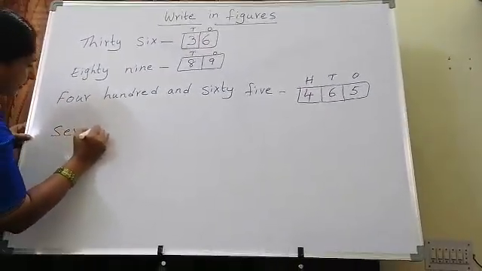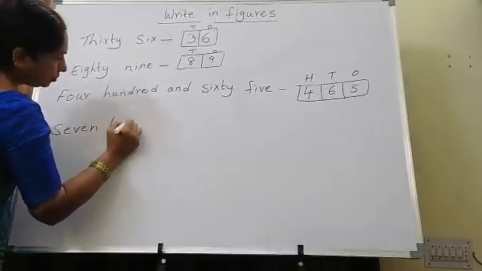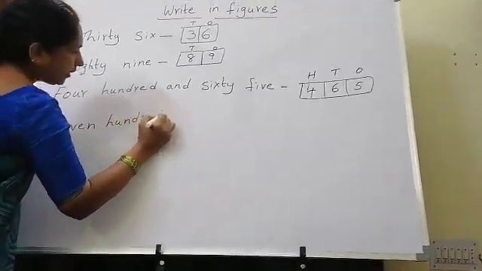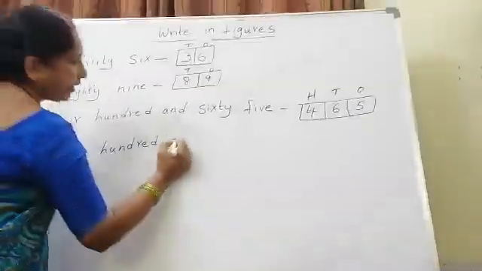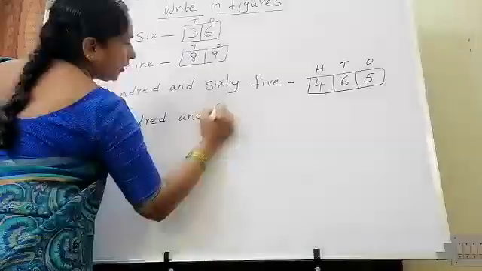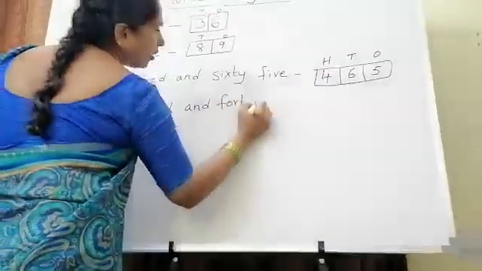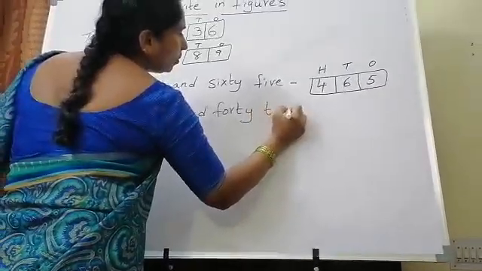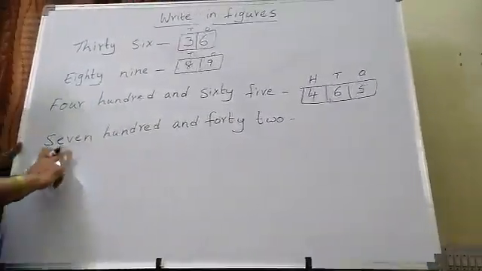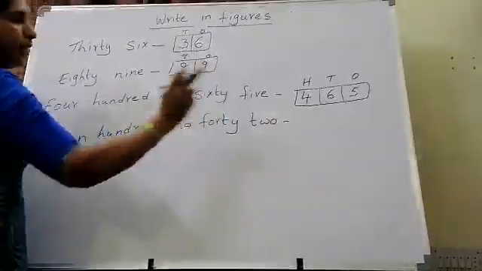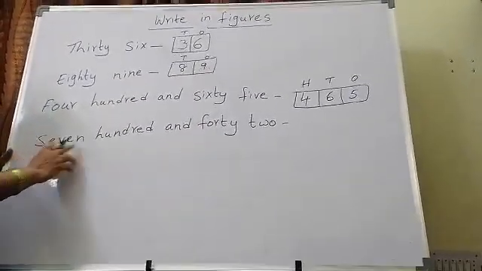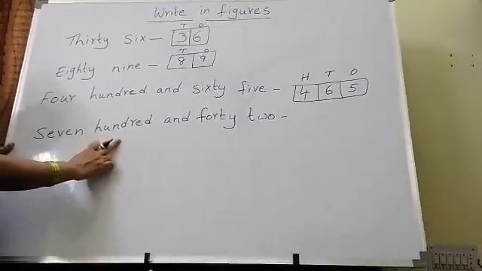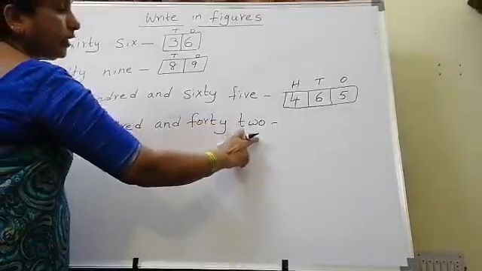See another example. SEVEN HUNDRED, 100, 700 and FORTY, 40, TWO, 2, 42. 742. See, 7 is in which place? Hundreds place. And 42.